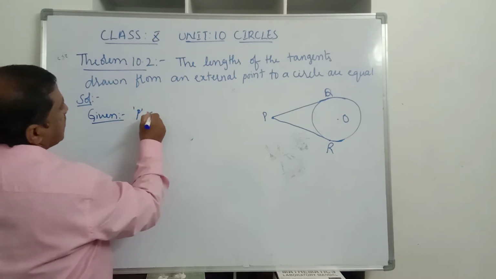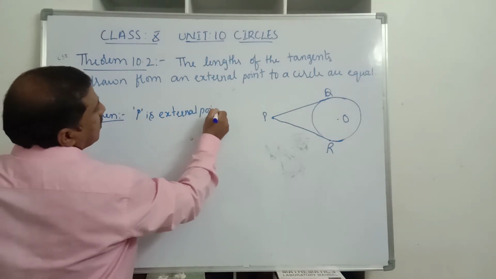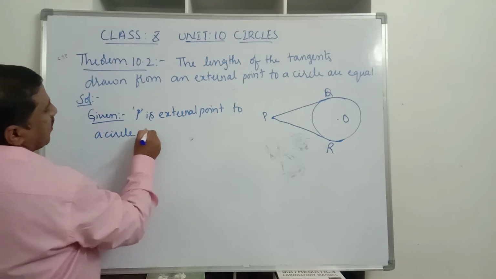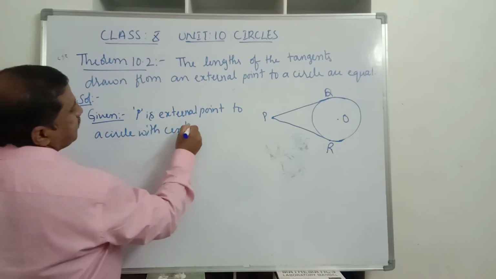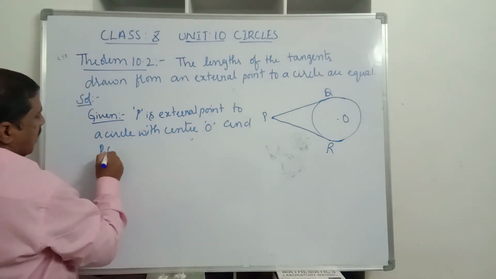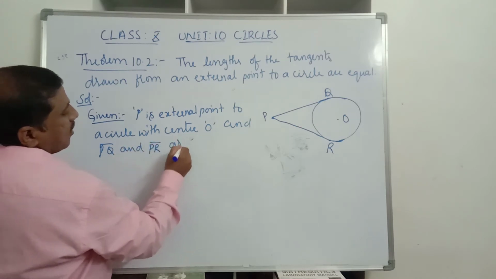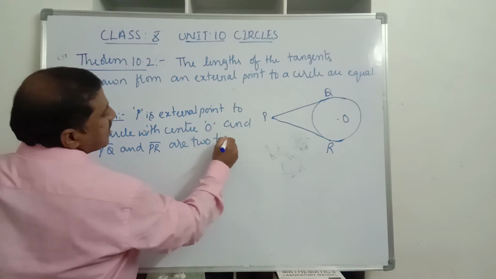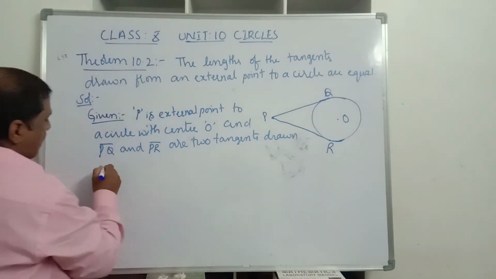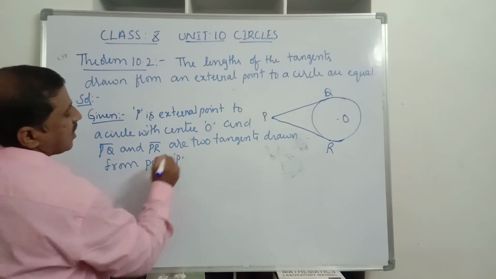P is an external point to a circle with center O, and PQ and PR are two tangents drawn from point P. Drawn from where? It is drawn from point P. What is point P here? It is an external point.